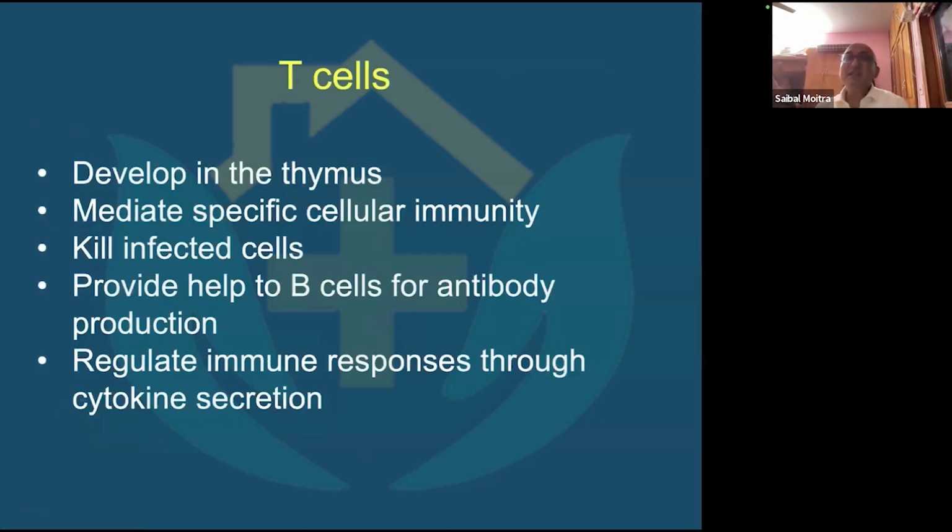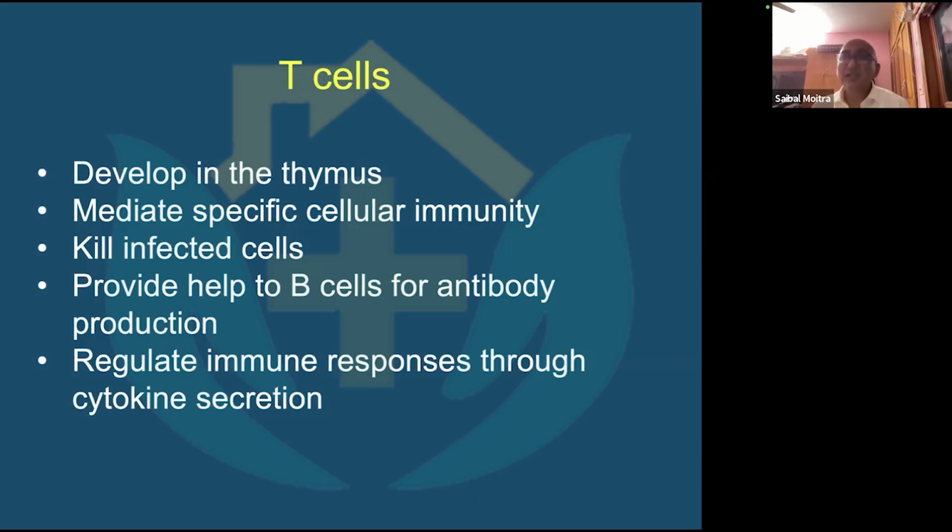T cells first of all come from the bone marrow, but they develop in the thymus. Okay, so how it develops, I'm telling you in brief: the common lymphoid progenitor cell arrives at the junction of the cortex and the medulla, and then it enters the cortex.